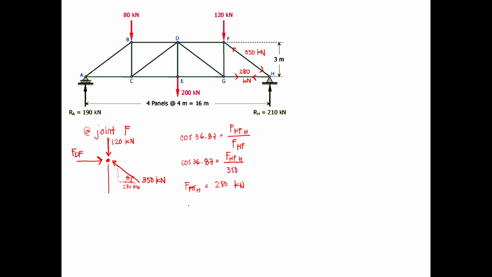For the vertical aspect, you're going to have sine 36.87 equal to the vertical HF component over 350 kilonewtons. So force HF vertical is equal to 210.